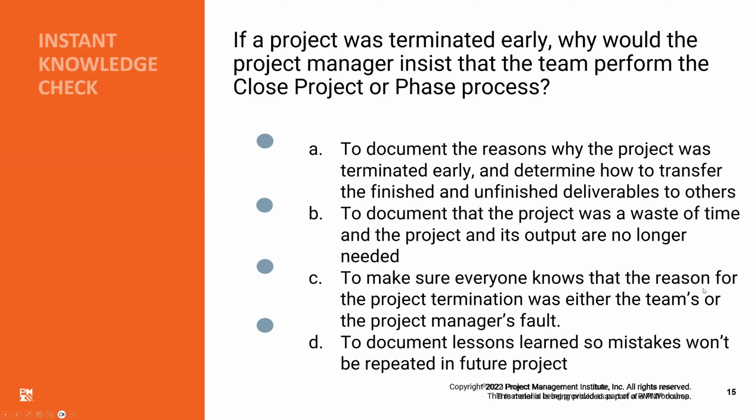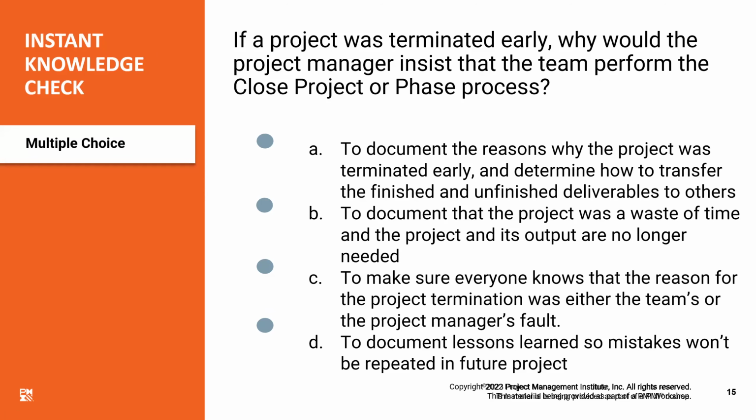Closure, yeah. So see. If a project was terminated early, why would the project manager insist that the team perform the close project or phase? Like you said, if it was terminated, then we all have gone home. Suddenly somebody told termination and everybody goes home. That's not how things happen.